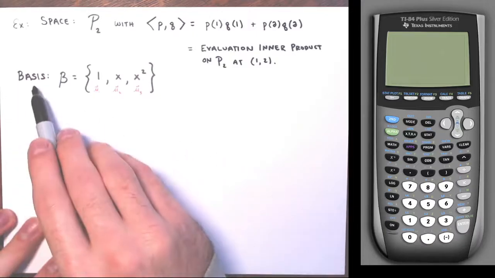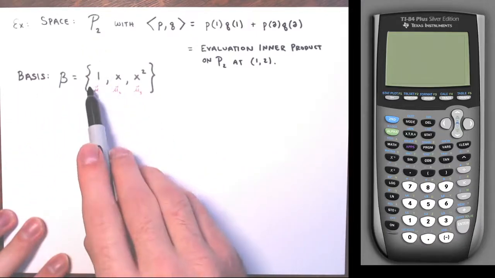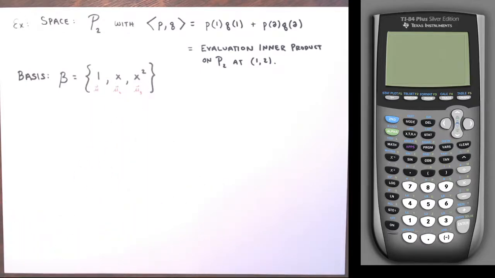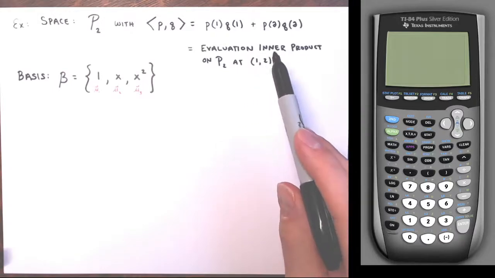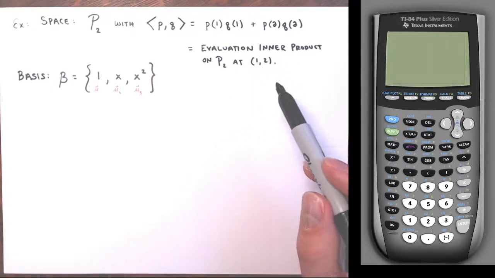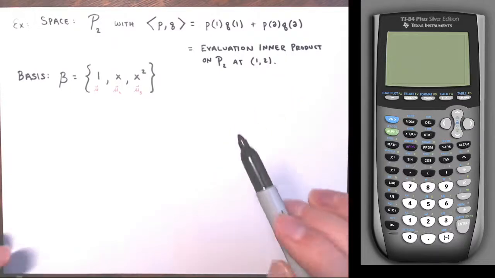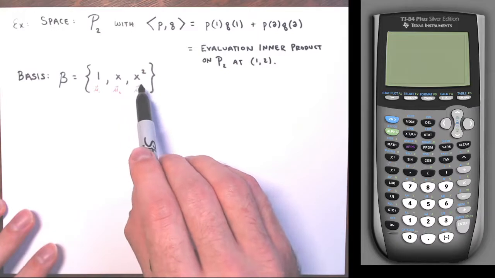Now my basis B for P2 is, now remember, this is not like the dot product here. I said it's similar, but it isn't the dot product, and it isn't the standard inner product on P2. So remember how normally we would call this the standard basis for P2, right?